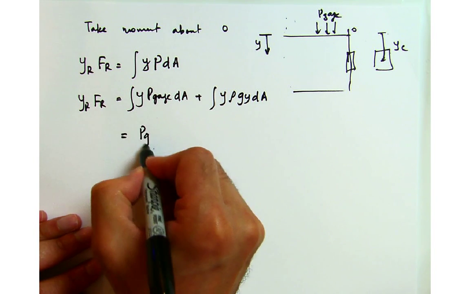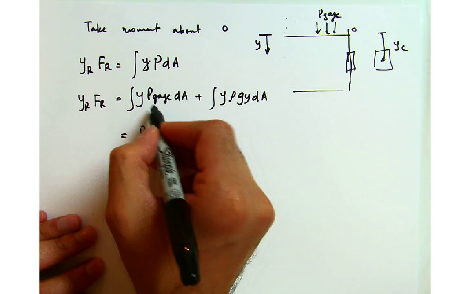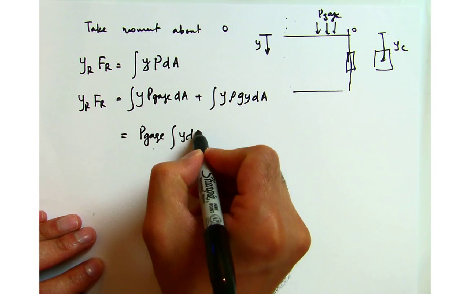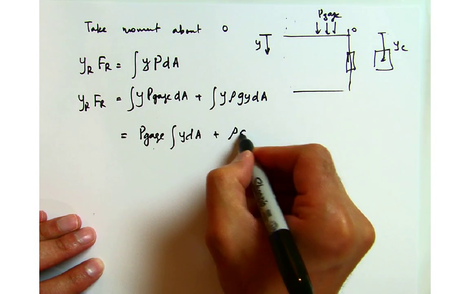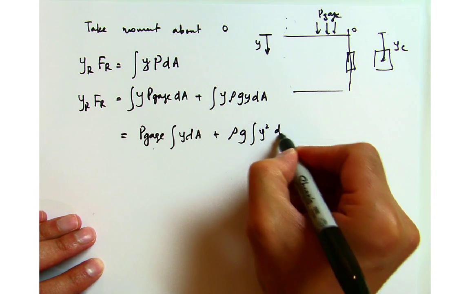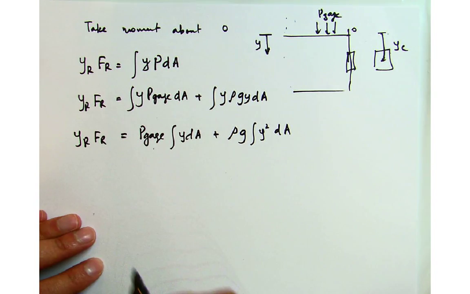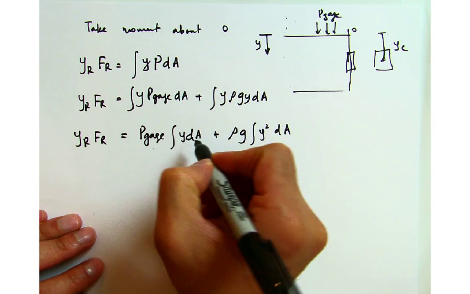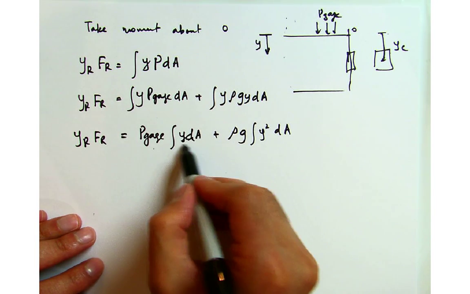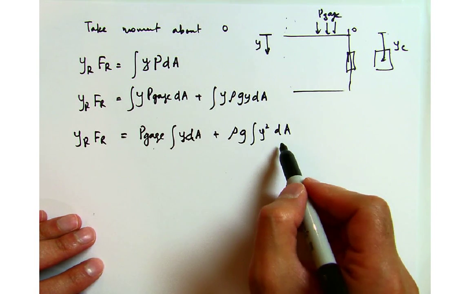I can take the P gauge out of the integral because it is a constant. So P gauge times the integral of y dA plus rho g times the integral of y squared dA equals yR FR. Here is an important point: this is the first moment of area, and this is the second moment of area.